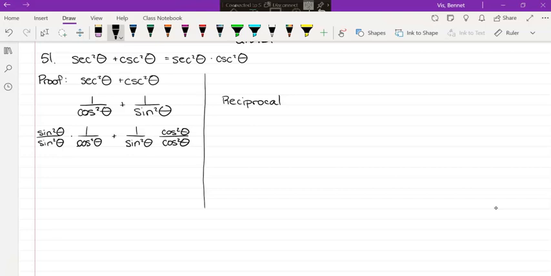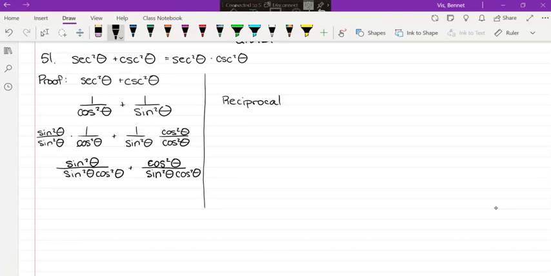So now this left term, I have sine squared on the top times 1 is just sine squared over sine squared times cosine squared. And this right term is 1 times cosine squared on top, or just cosine squared theta, all over the same denominator. So I'm going to put them together.